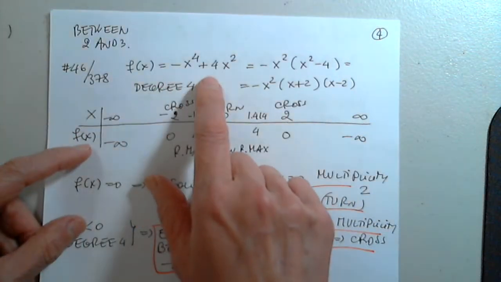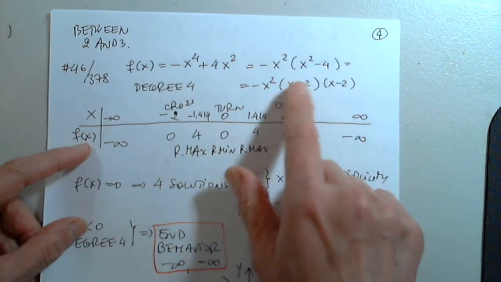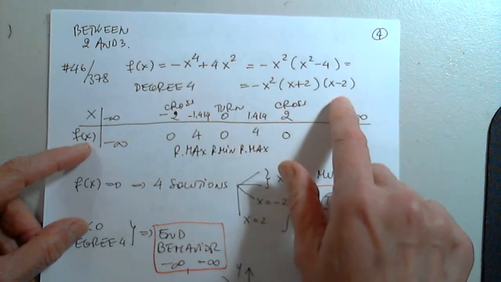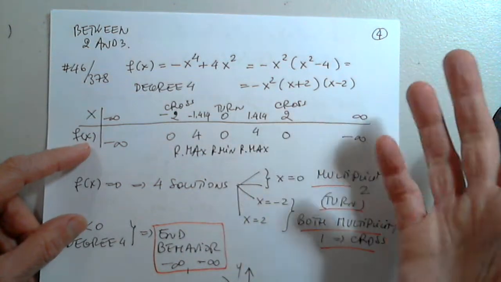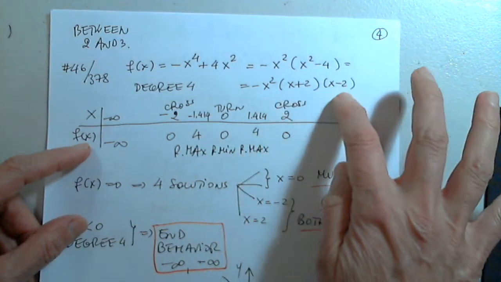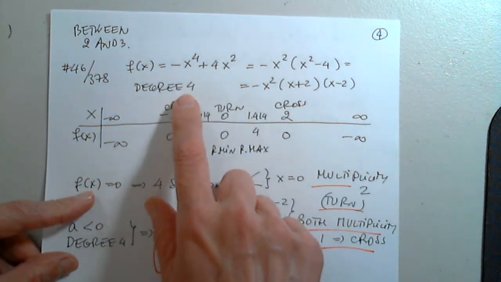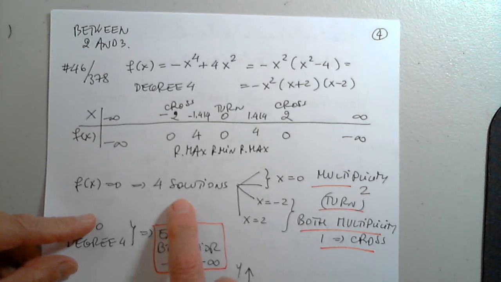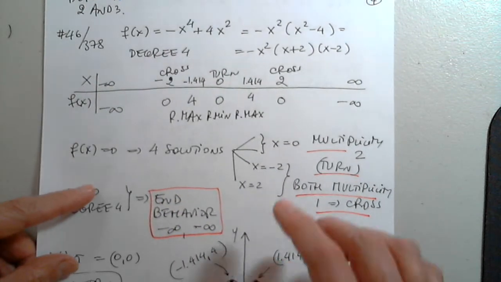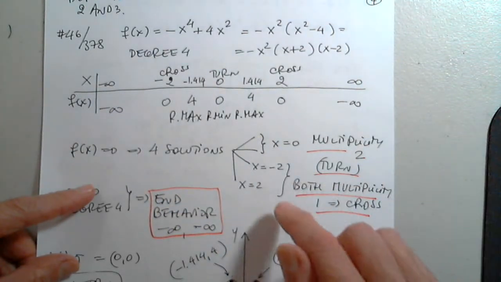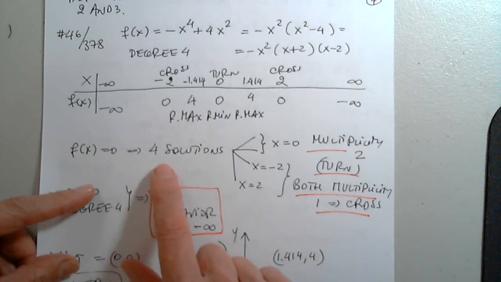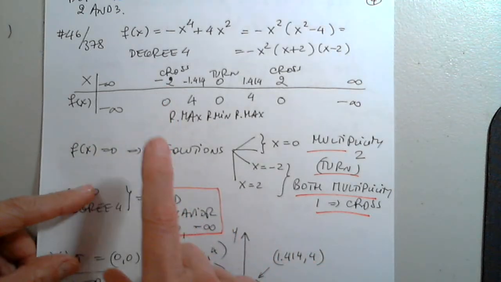In order to graph a fourth degree polynomial function, first I factor it as much as possible. Since it's degree 4, we have to have 4 x-intercepts. Of course, if they are imaginary, then they don't exist. But we have to look for 4 solutions because the degree is 4.